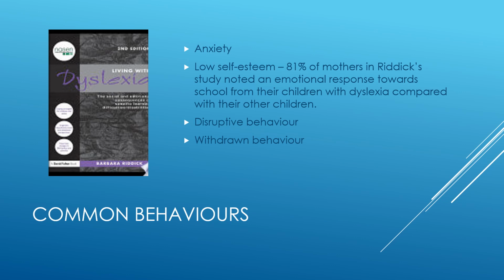A study in 2000 in the US found that the prevalence of dyslexic type difficulties in a prison population was 48% compared to 20% in the general population. So that's very telling in itself: there may be some causes of behavioural difficulties that actually stem from being dyslexic.